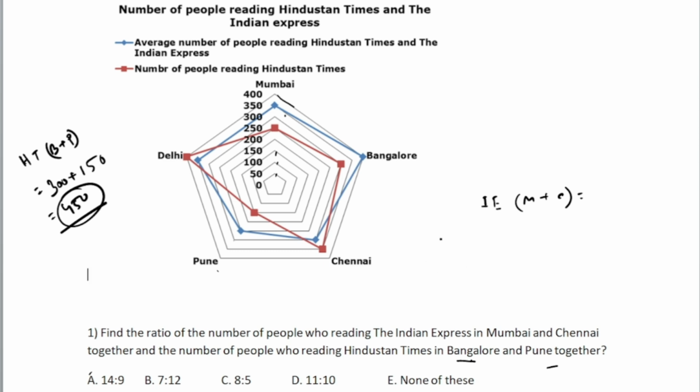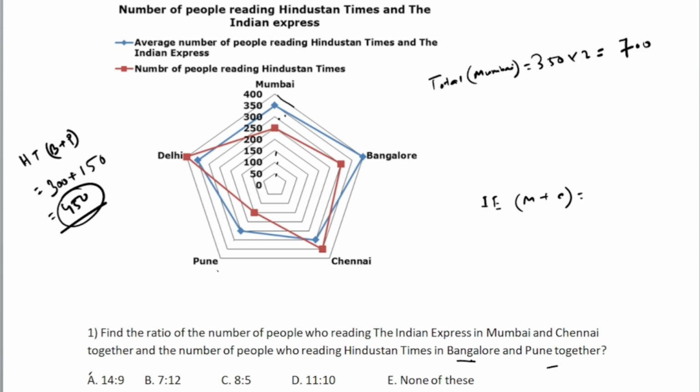So मुंबई एंड चेन्नई, पहले मुंबई में देख लेते हैं. तो मुंबई में 350 लोग हैं जो एवरेजली हिंदुस्तान टाइम्स एंड इंडियन एक्सप्रेस पढ़ते हैं. तो टोटल नंबर ऑफ पीपल इन मुंबई कितने लोग हैं जो हिंदुस्तान टाइम्स एंड इंडियन एक्सप्रेस पढ़ते हैं, वो है 350 इंटू 2, दैट इज़ 700.